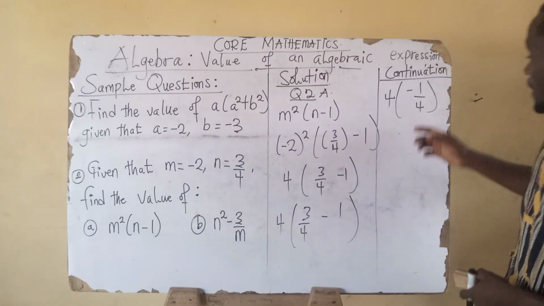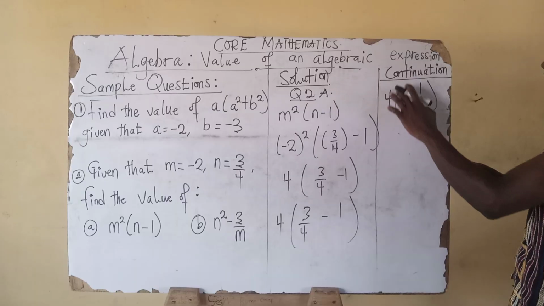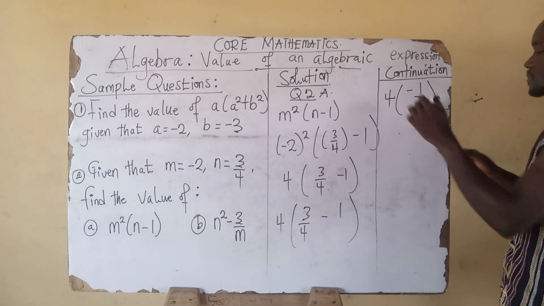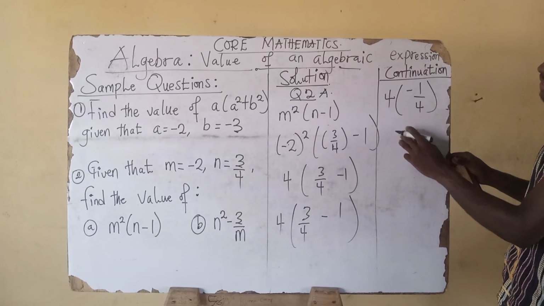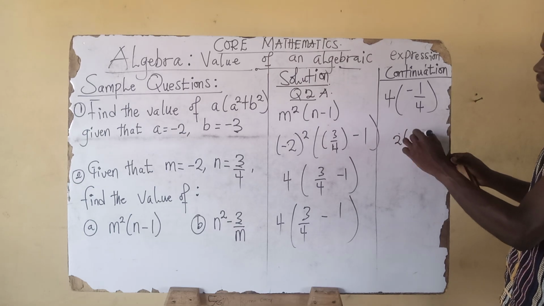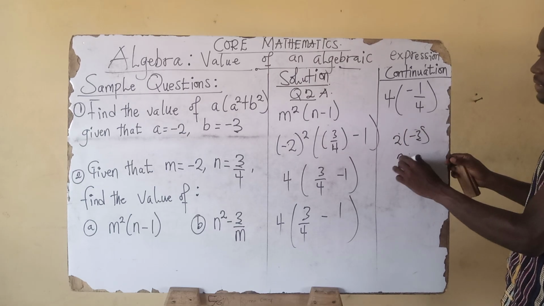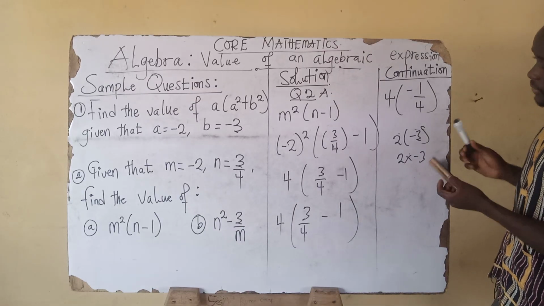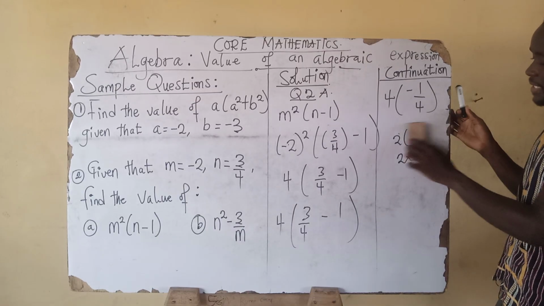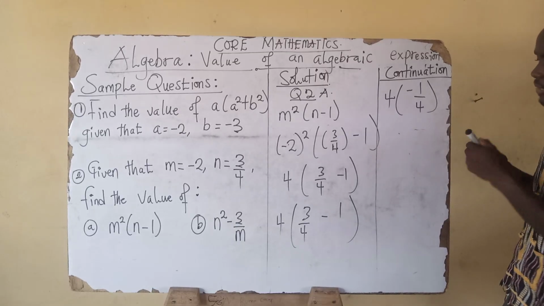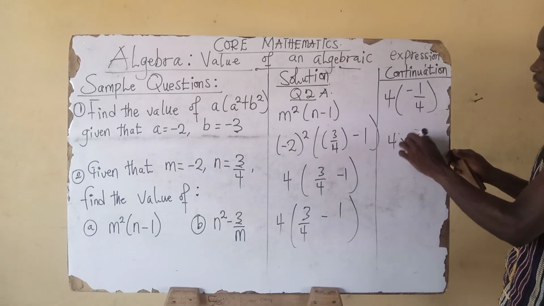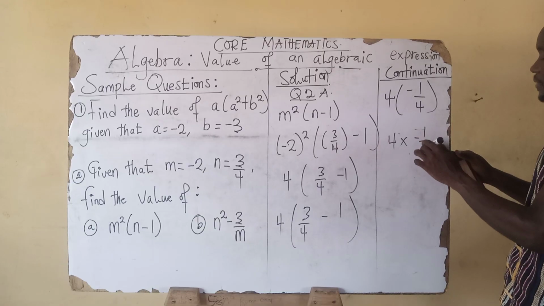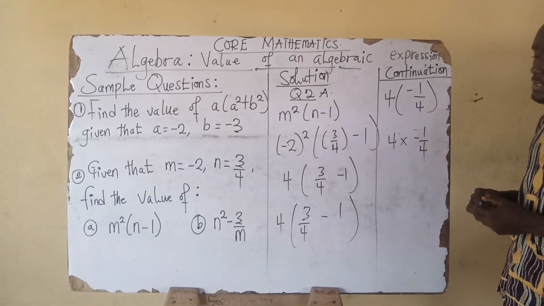Very good. So here we continue with the procedure. Now remember that when we have 2 in a bracket, negative 3, this means 2 times what? Negative 3. Very good. So this one means 4 is multiplying what we have over there. So I can rewrite this as 4 times negative 1 out of what? 4. Are you following? Very good.